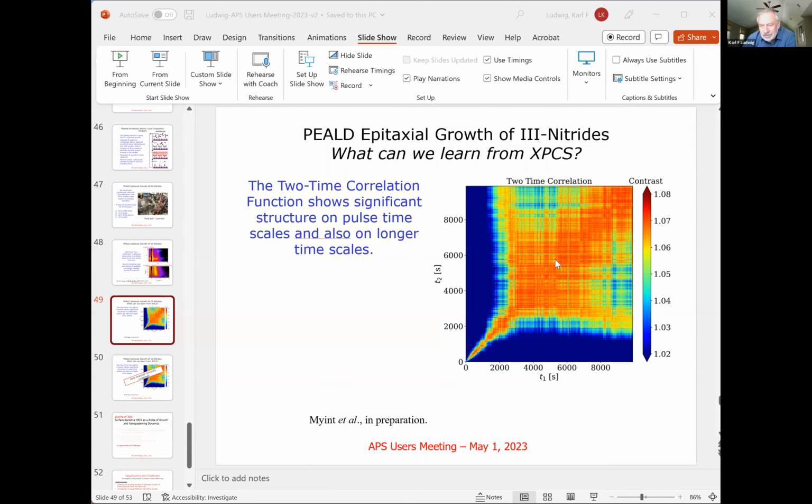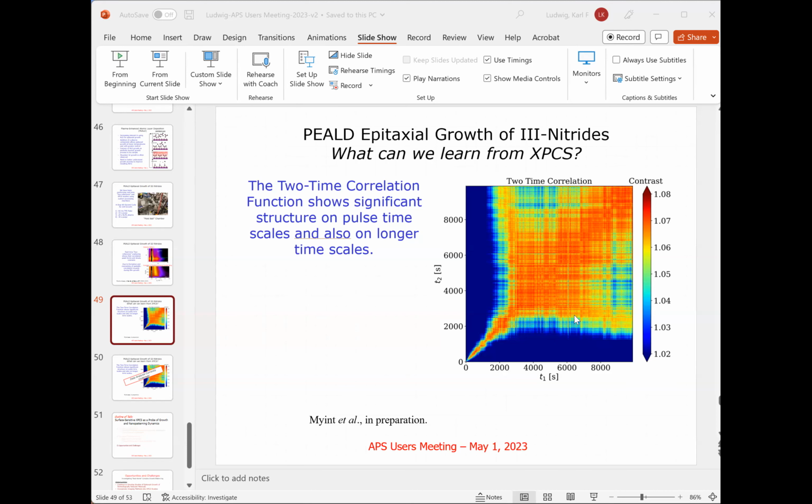You're talking specifically about the work I showed that's being analyzed from the plasma enhanced ALD growth? Yes. Well, if I may share again, can you see my cursor? Yes, that's what I was referring to. Are you talking about this region in here?